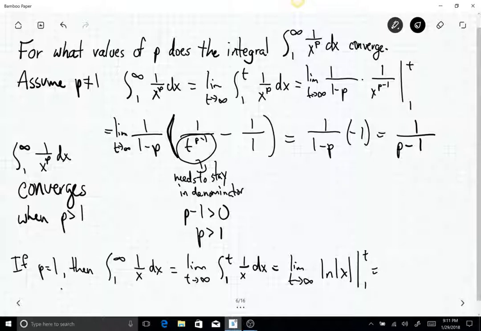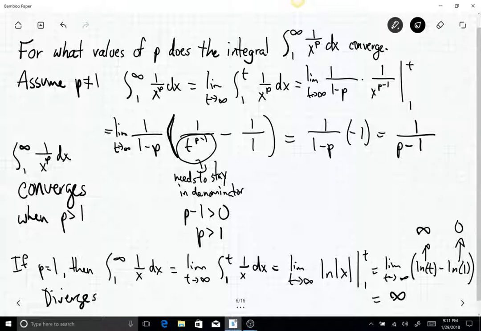So this equals the limit as t approaches infinity of the natural log of t minus the natural log of 1. Just in case you don't remember, the natural log of 1 goes to 0, but this thing will go to infinity. So this equals infinity, so this diverges.